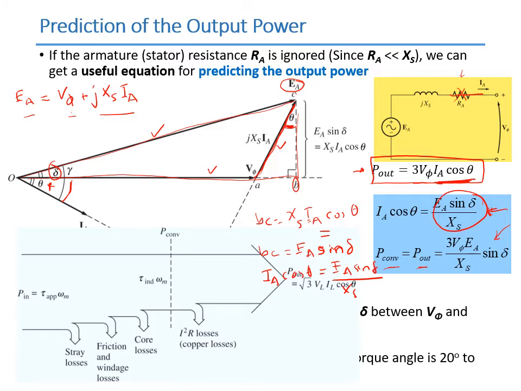If you look at the power flow diagram quickly, because we are ignoring RA, there are no copper losses. And if there are no copper losses, the converted power will be equal to the output power, and hence this equation here.